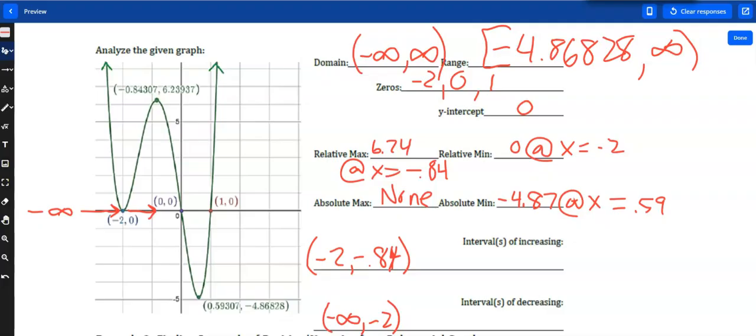From -0.84 to 0.59, going down. Oops, -0.84 to 0.59.